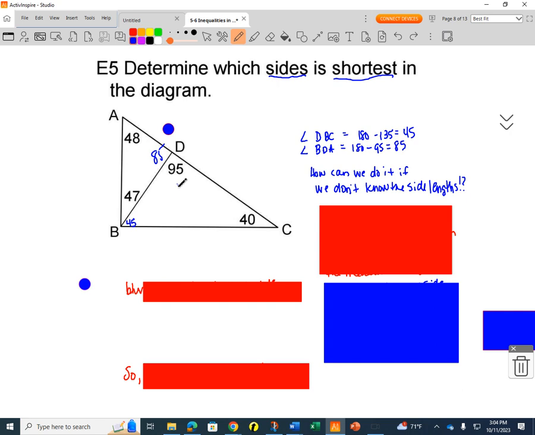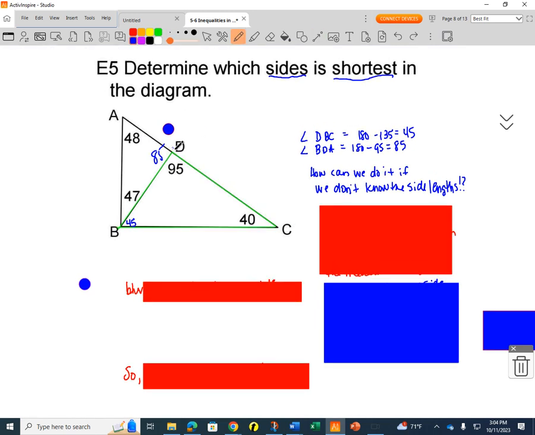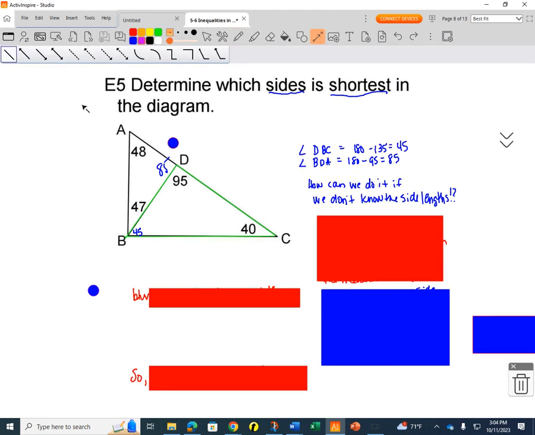So I know in this triangle here, the longest side is across from this angle. So that's the longest side. So BC has to be the longest side in this triangle.